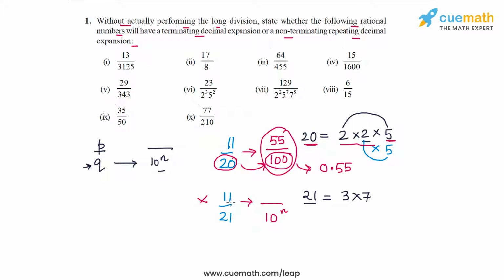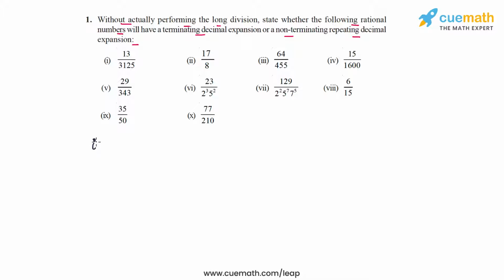So now let's apply these ideas to all the various numbers given to us. So the first number is 13 by 3125. Now if you prime factorize 3125, you will find that it has only 5's in it. So in fact, when you prime factorize the denominator, you can write this as 5 to the power 5.